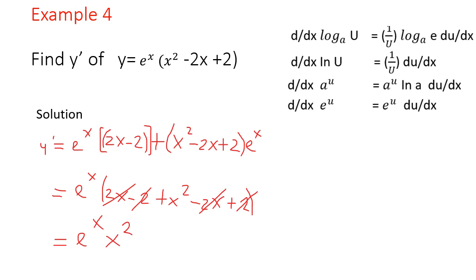So the solution is that we have y prime equals e to the x times 2x minus 2 plus x squared minus 2x plus 2 times e to the power x, equals x squared e to the power x.